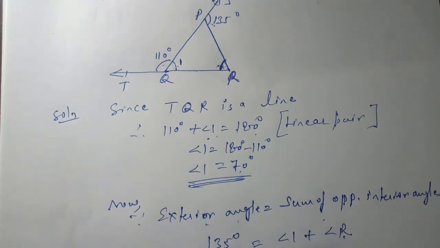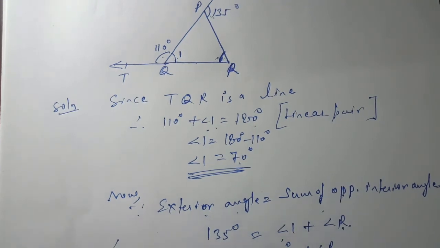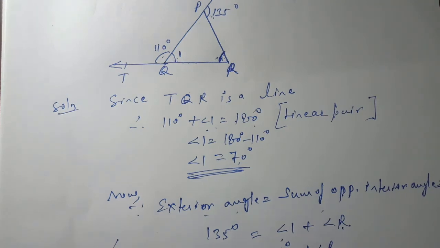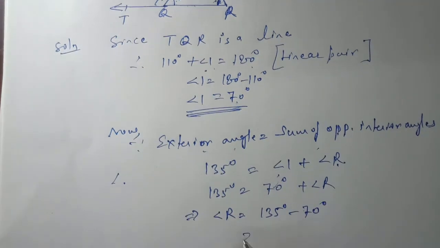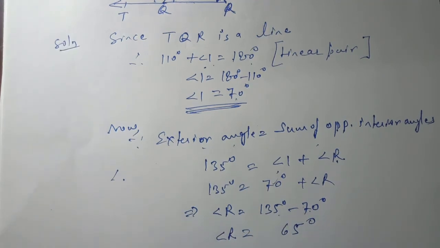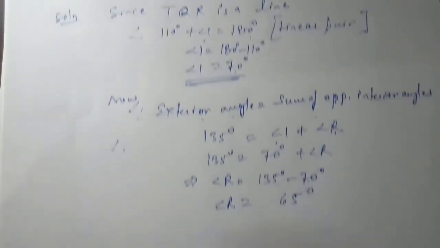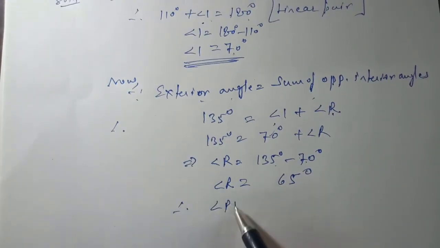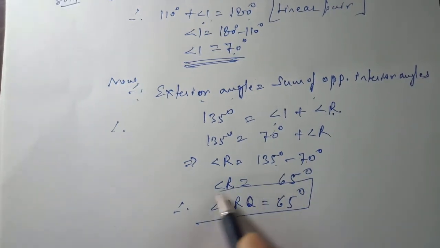So 135 degrees equals 70 degrees plus angle R. This implies that angle R is equal to, transposing 70 degrees to the other side and subtracting, 65 degrees. Since the complete name of angle R is PRQ, therefore angle PRQ is equal to 65 degrees. So this is the required angle.